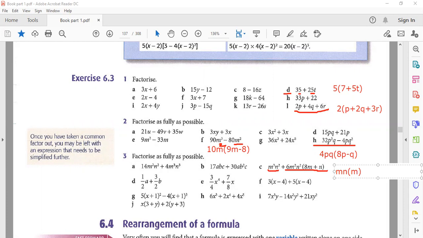And plus, here is 6, and in brackets 8m plus n. So right now here is a square, and here is also a square, so I just take common.